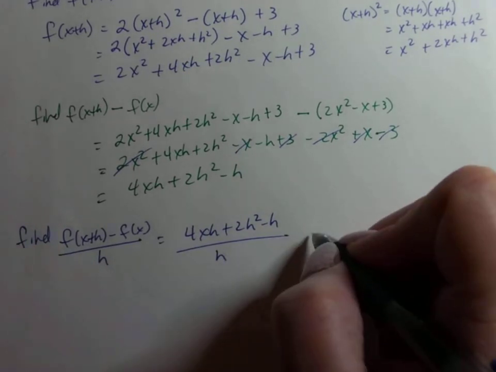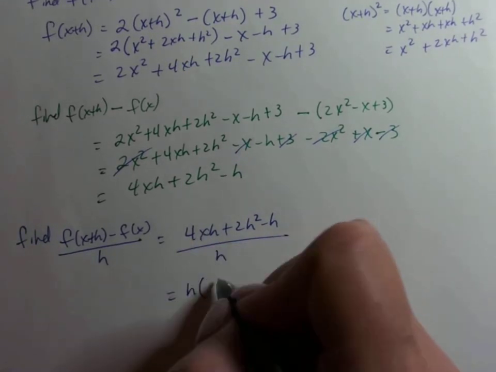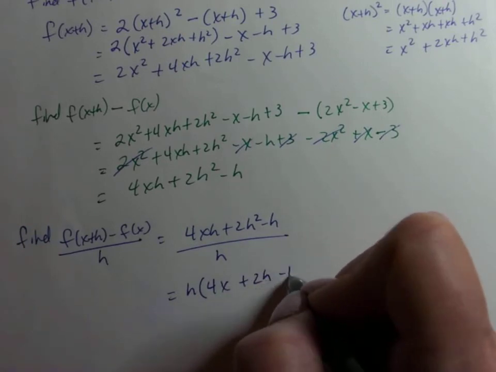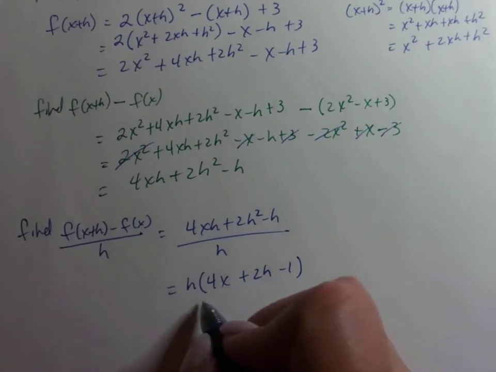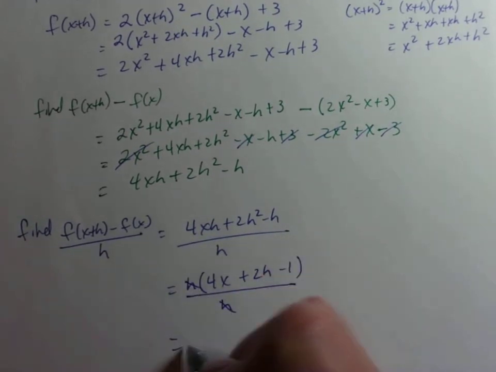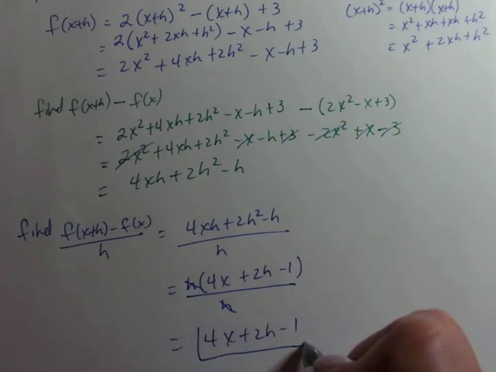So what we can do here is factor out an h. On the top, we're left with 4x plus 2h minus 1. Don't forget the 1, because you factored it out. It doesn't go away. All over h. The h's cancel, and we're left with 4x plus 2h minus 1.